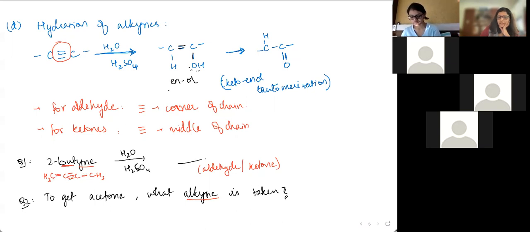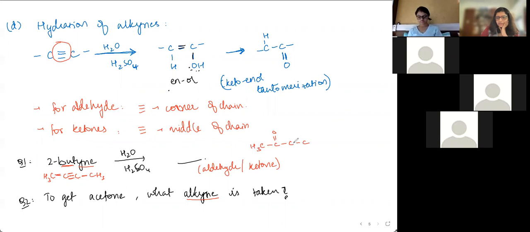Will it be on the first carbon, second, third, or fourth? So the chain remains. Either second or third, wherever you count from, it's the same thing.